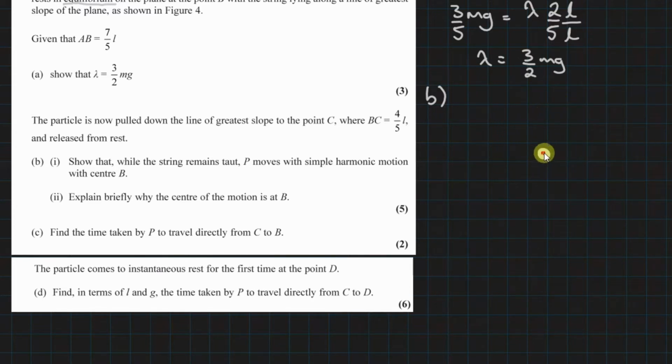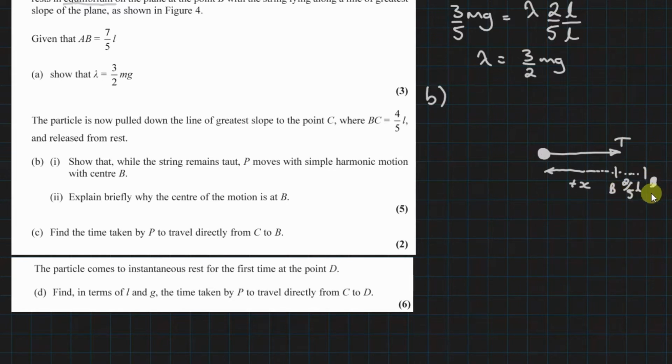So that's my tension going that direction. We've extended it this way, so that's my positive x, and it's got an extra 2/5 of the length on it to get us back to the point where it's in equilibrium at B. Sorry, the natural position.